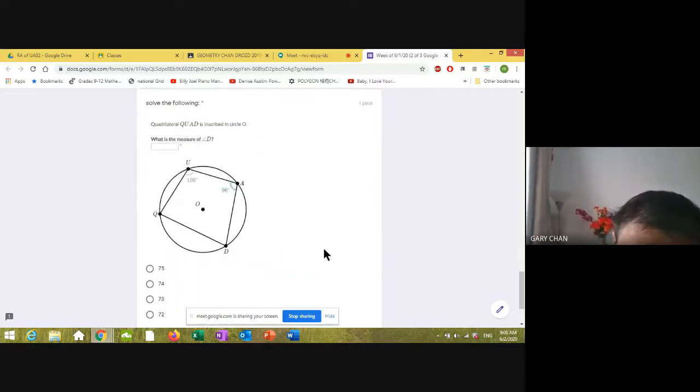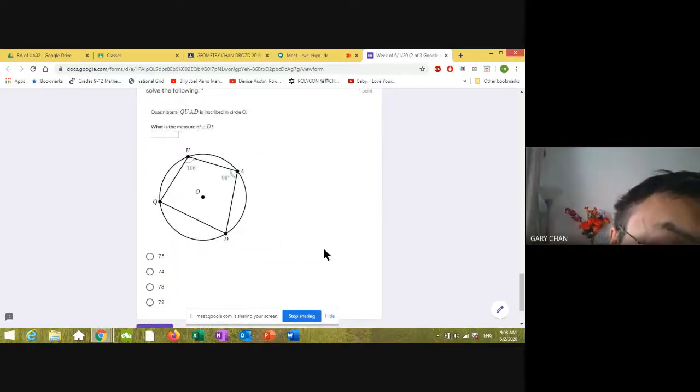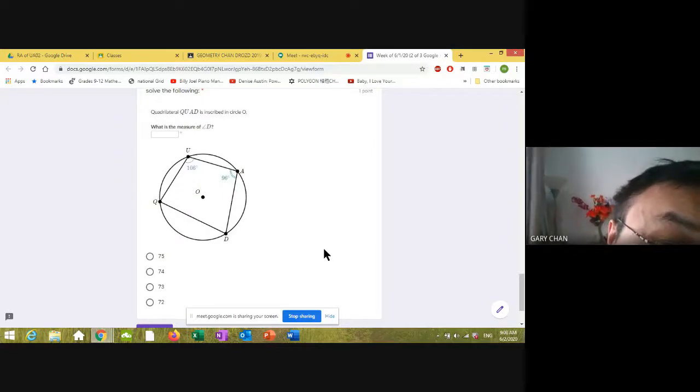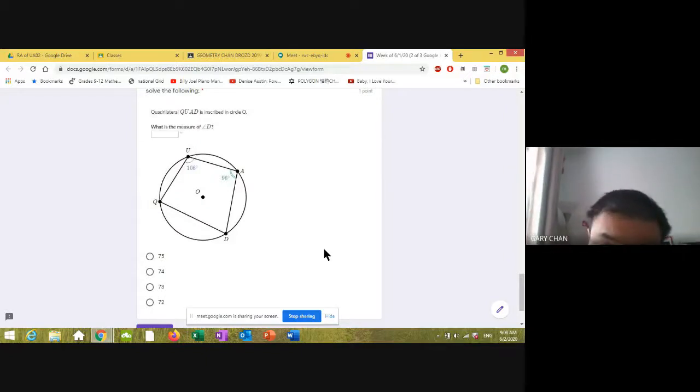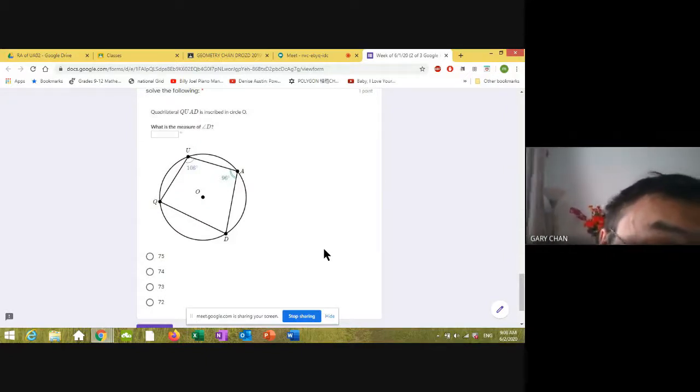And then the last one here. Quad is inscribed in circle O. What is the measure of angle D as a result? Maybe Kelvin. Kelvin, what do you think?